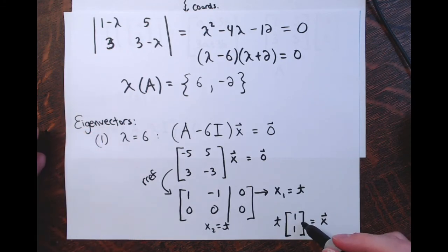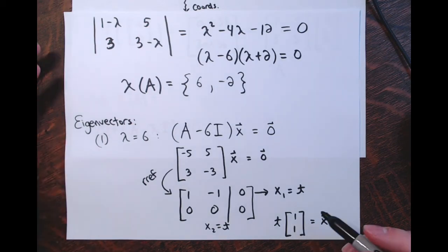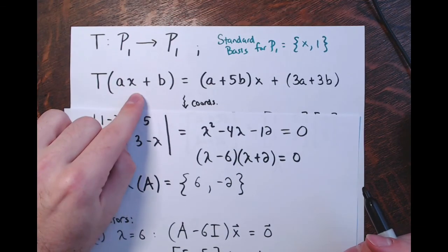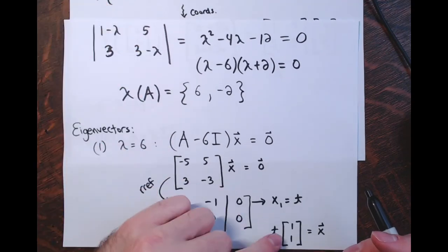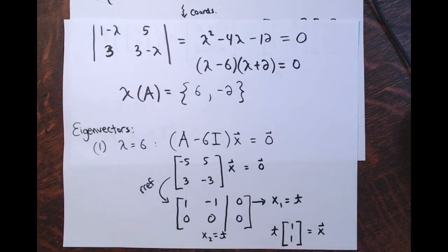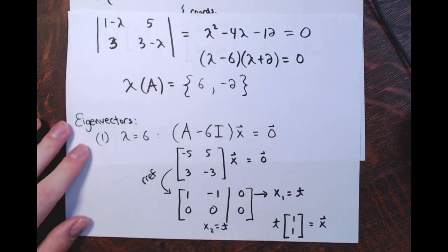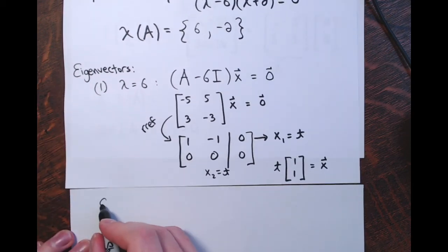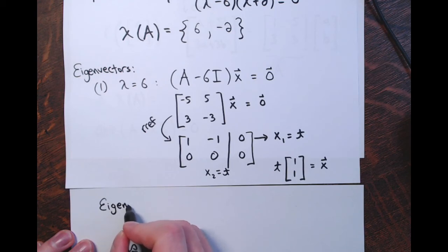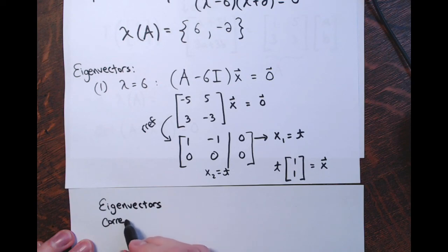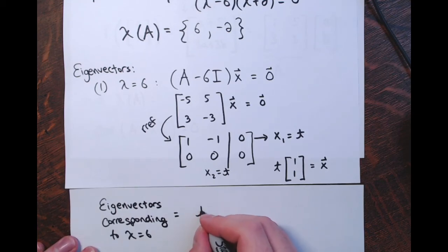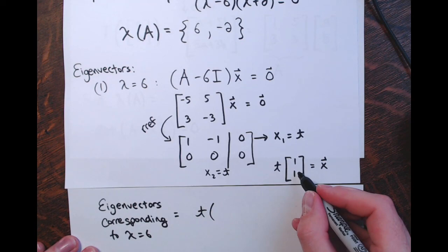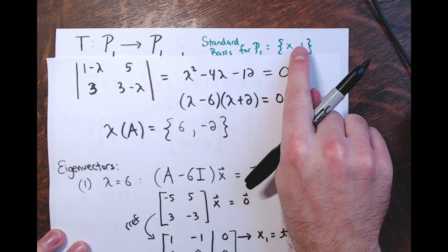Now, remember my vectors here aren't component vectors like this, they're polynomials. So I'm just going to switch this back to what it was as a polynomial. The eigenvectors for this particular transformation that correspond to lambda equals 6 are multiples of (1, 1) relative to the standard basis, the way I defined it, x and 1.